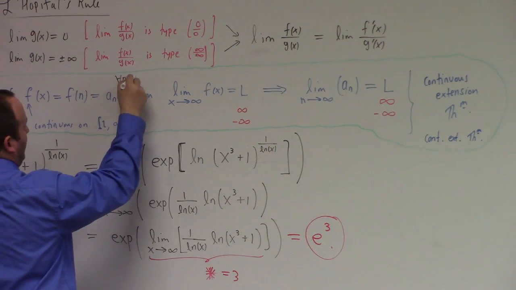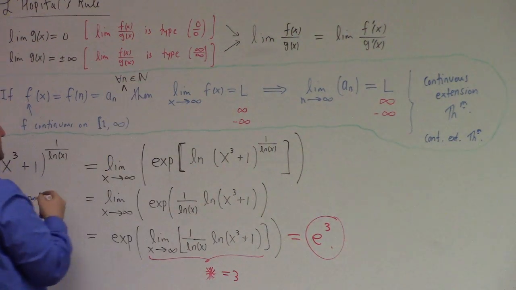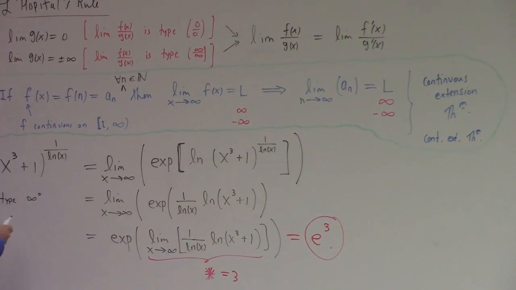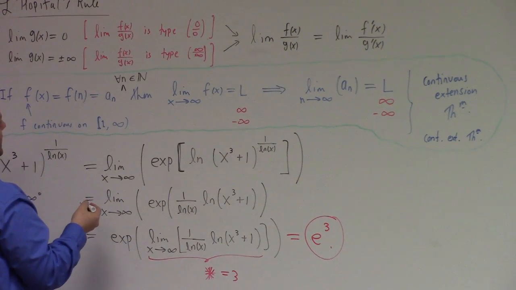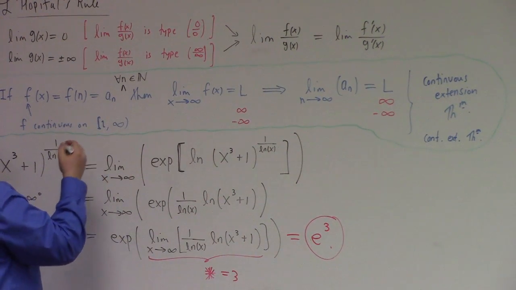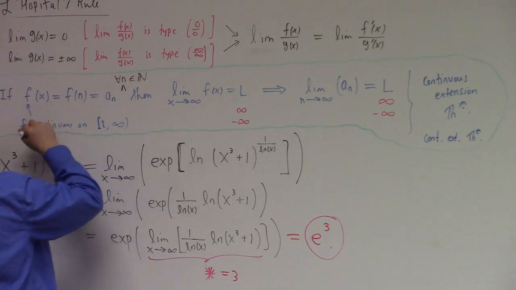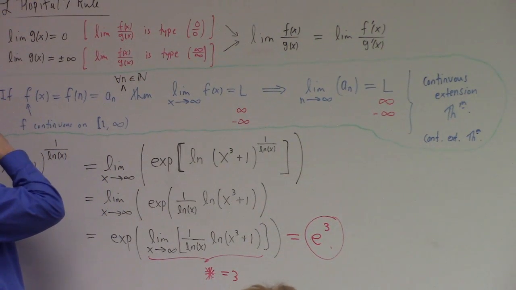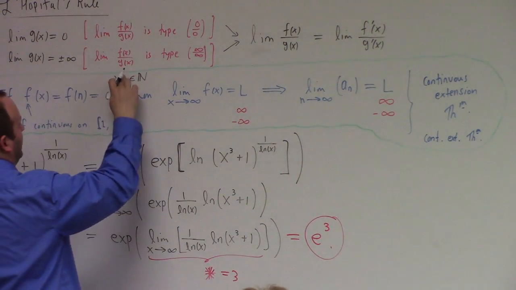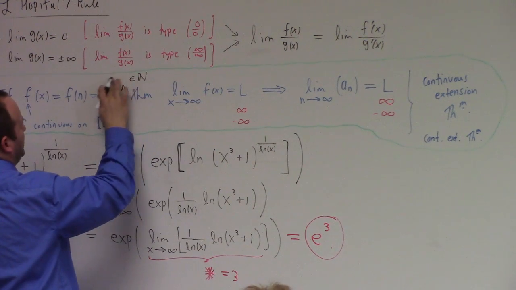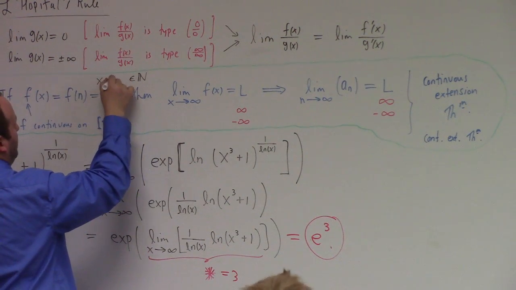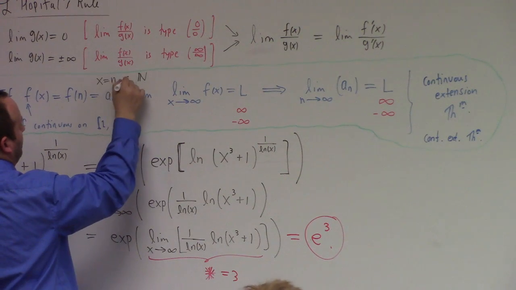For all n in the natural numbers. Sorry, I also need x equals n in the natural numbers. It's stupid notation.